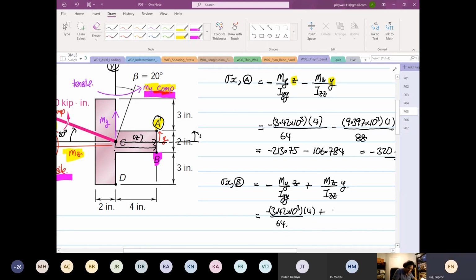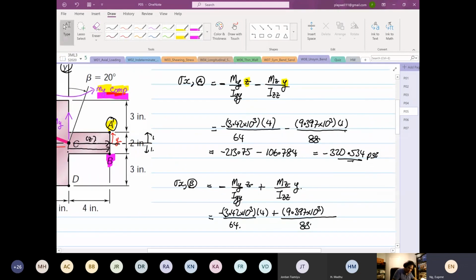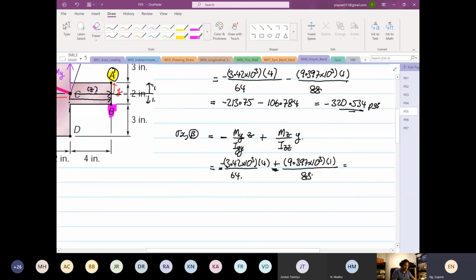And then that's plus 9.397 times 10 to the power 3 divided by 88. Now this distance from here to here is still going to be 1. We don't care whether it is going up or down because we already sorted out what is positive and what is negative from our moment vector.